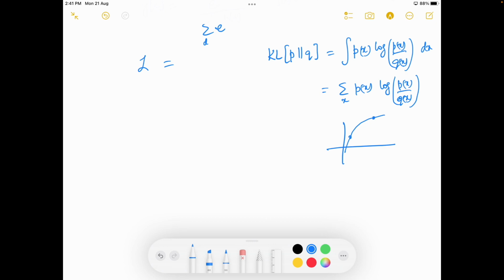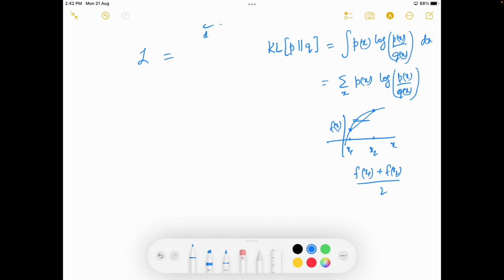If you take the average of these 2 points, the value (f of x1 plus f of x2) by 2 is always greater than or equal to f of (x1 plus x2) by 2.